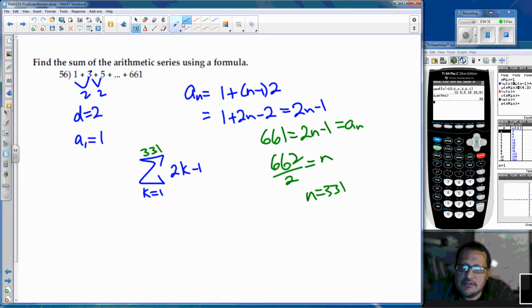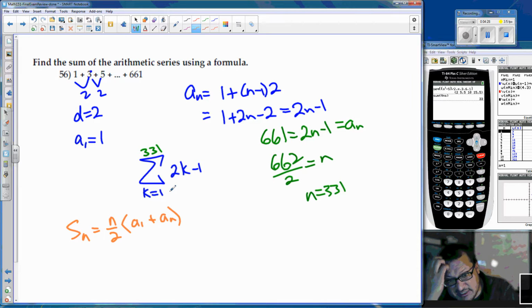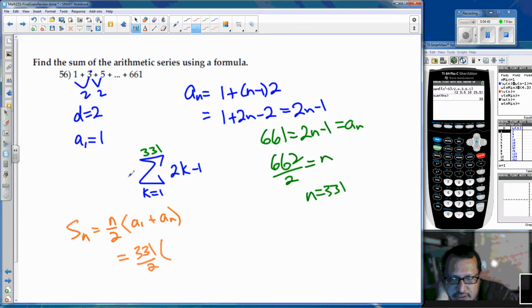If you recall from the last chapter, S sub n equals n over 2 times the first one plus the last one. So in this case, the sum equals 331 divided by 2 times the first one, which is 1, plus the last one, which is 661.